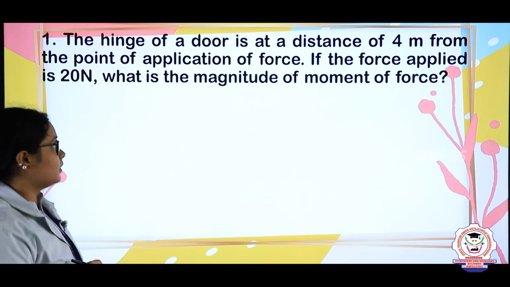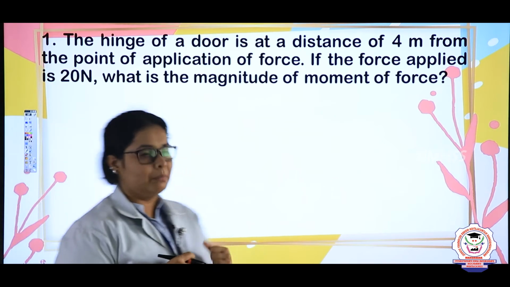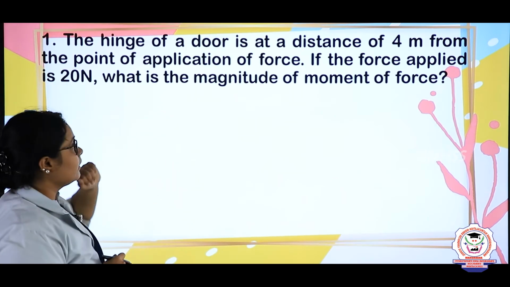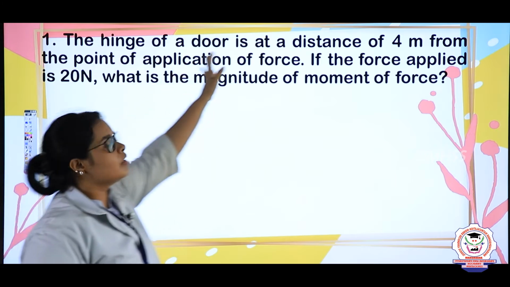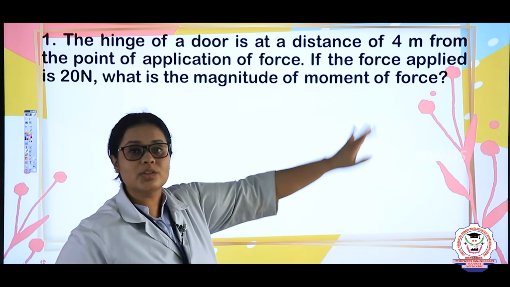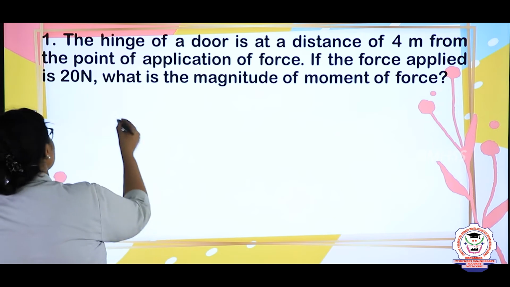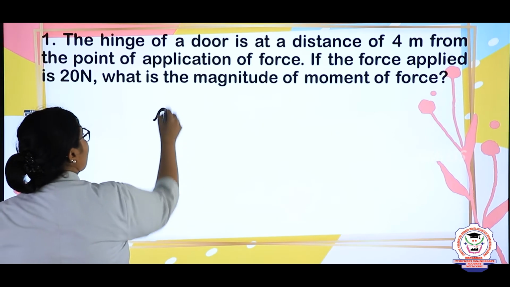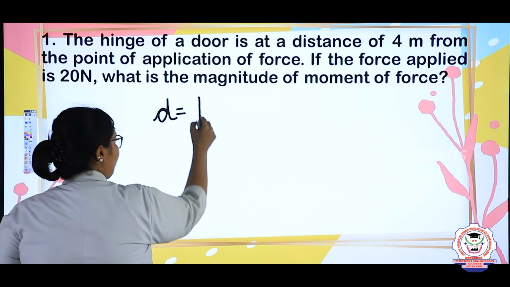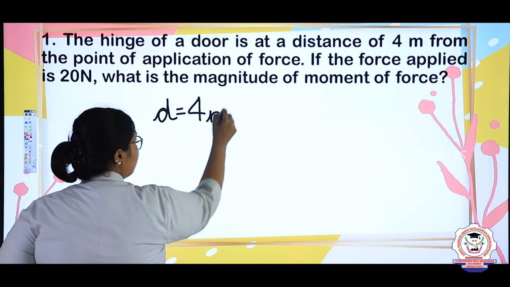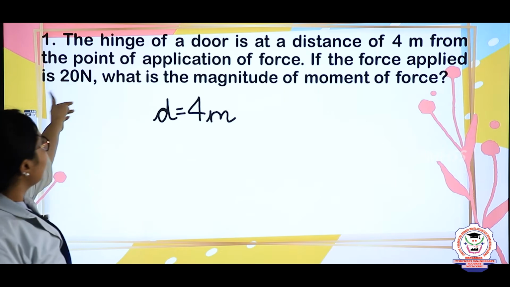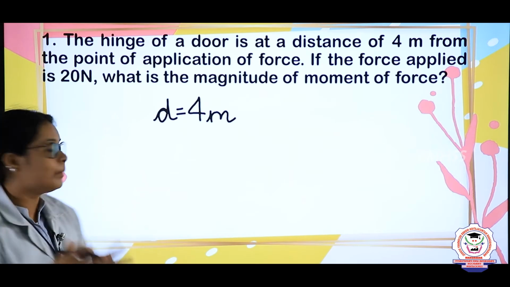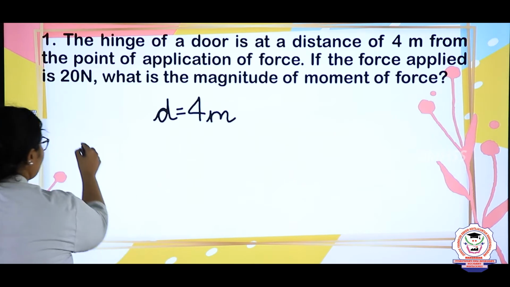Now see here, distance children, what is there in the problem? So in the problem they are saying that there is a hinge of a door which is at a distance of 4 meter. So what is the distance? Distance here is 4 meter, okay, from the point of application of force. That means there is a door.